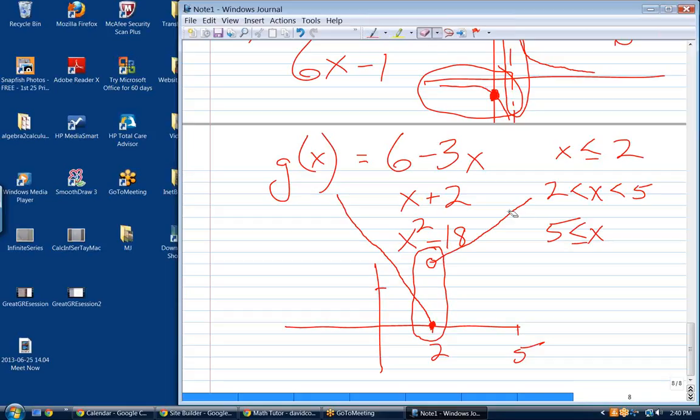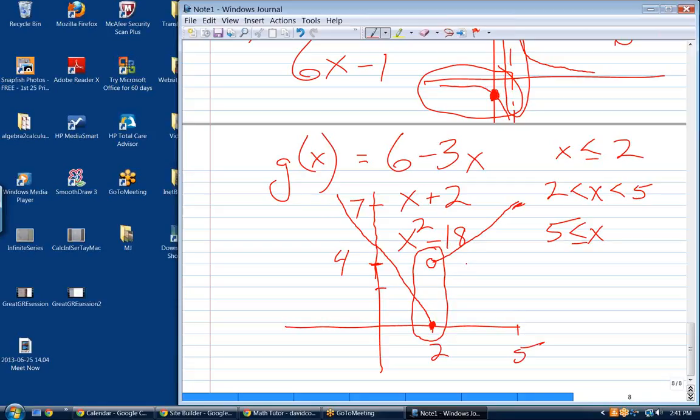So let's take this line up to just 7. Sorry about overlapping. That's the one problem with my limited screen size. So what did we decide that was? That was 4. This is 7. The third part of the function is x squared minus 18, which is a parabola that's been shifted down by 18.